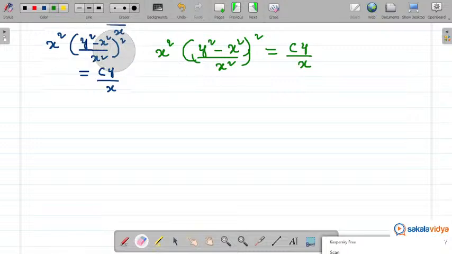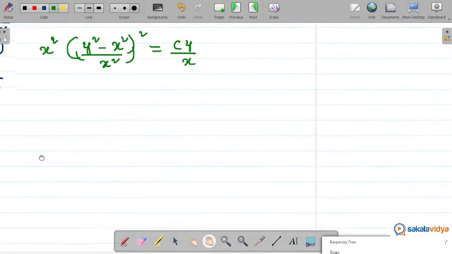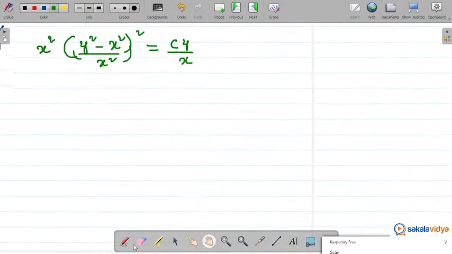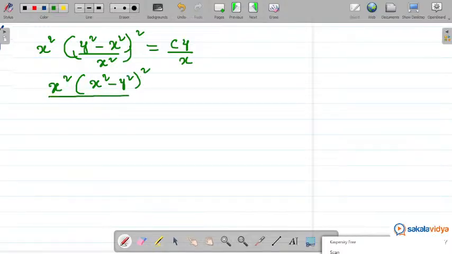So this we can write now, x square into y square minus x square whole square, or x square minus y square whole square, both are same. So x square minus y square whole square upon x square whole square, which means x to the power of 4, equals cy upon x.